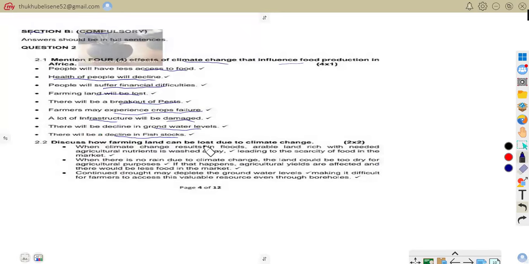It says when climate change results in floods, arable land rich with needed agricultural nutrients is washed away, leading to a scarcity of food in the market. So we're talking about flooding. The flooding is going to wash away fertile soil. The heavy rains destroy farms, with rivers overflowing into fields. So that is what you're going to experience.